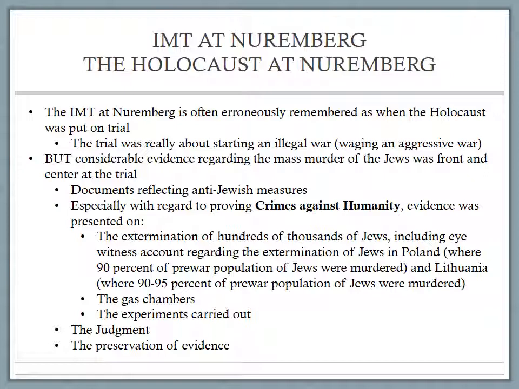One of the really important legacies of the IMT, and which has proven to be invaluable in the decades following the trial, was the preservation of evidence. With only the benefit of being sort of 1 year removed from the war, as Professor Basler describes in his book, the historiography of the Holocaust at the IMT was really imperfect, but the extensive documentation that was collected at that time for the trial has now been reviewed and re-reviewed by lawyers and scholars and others.